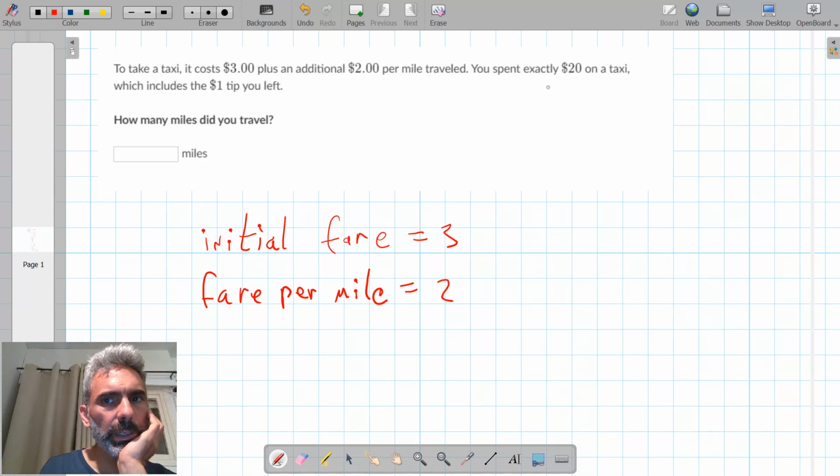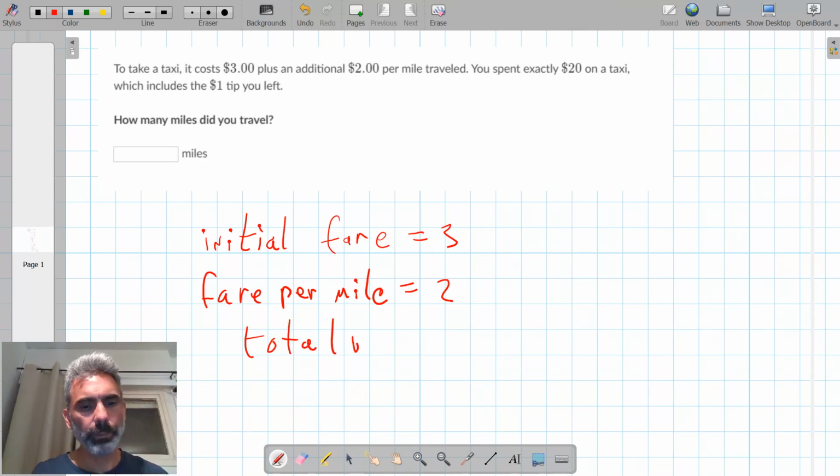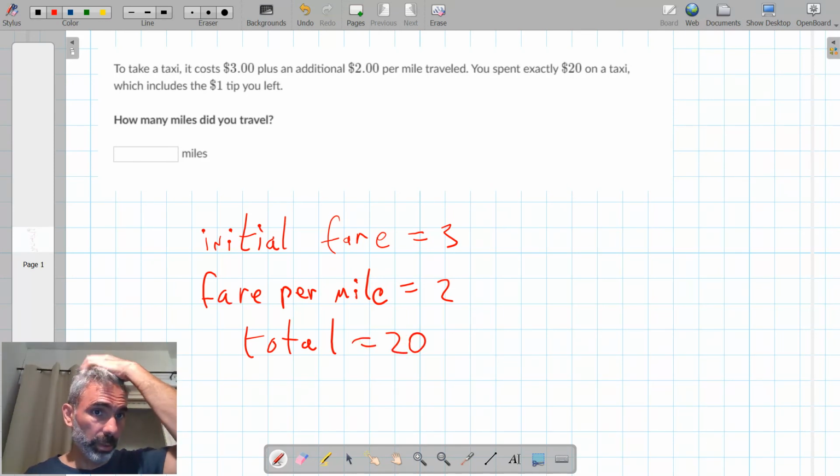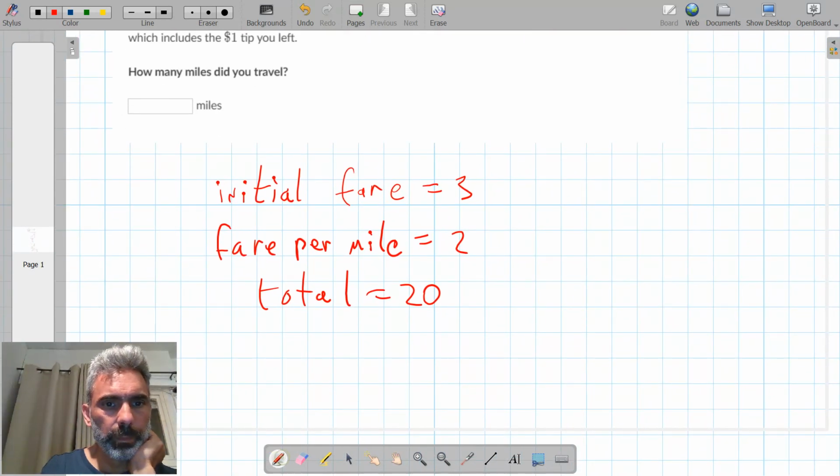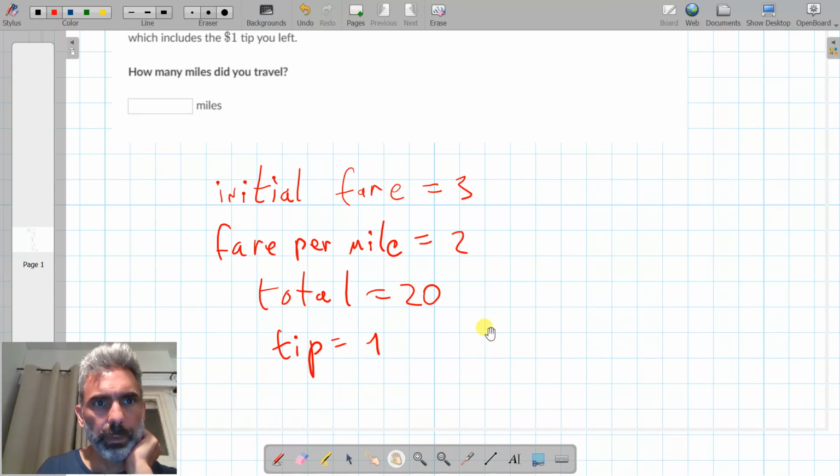You spent exactly $20 on a taxi. So the total is 20, and this includes the $1 tip that you left.